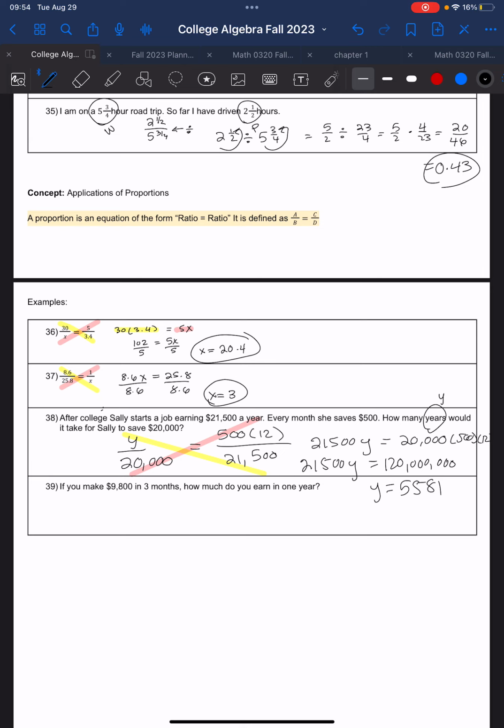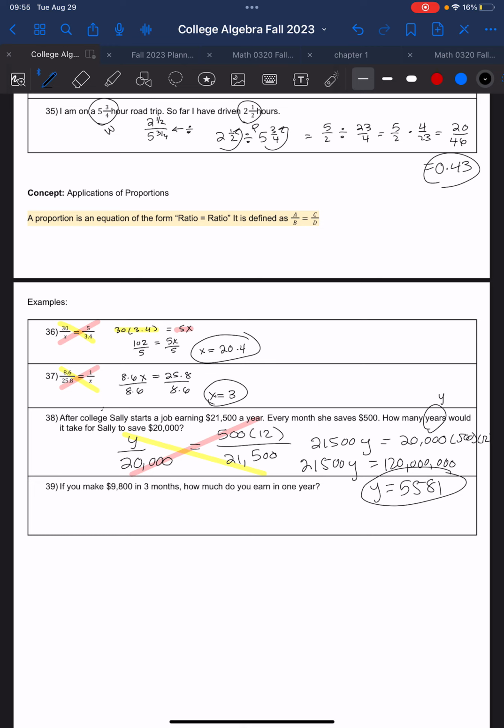Seems like a long time to save 20K. But yes, that was how long it would take to save that 20,000.